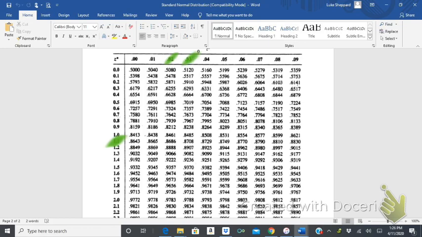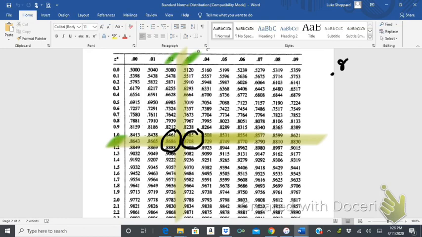So what I'm going to do is, okay, I really want to look at this column here, that column there, and then I want to find the number smack dab in between those two. So I'm looking at the two numbers, 0.8686 and 0.8708, and I'm going to find the average of those two numbers.